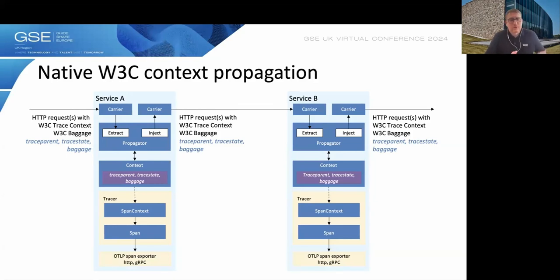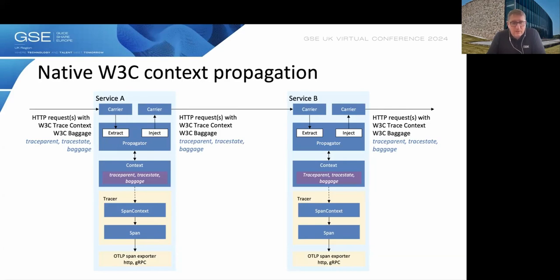What is also shown on this slide, just to complete, as we have the context propagation according to W3C being depicted here, is a representation of the internal structure of the OpenTelemetry SDKs for distributed tracing. There is the concept of a propagator that would allow to extract and inject context from a carrier, and the carrier in our case here would be HTTP as a protocol.